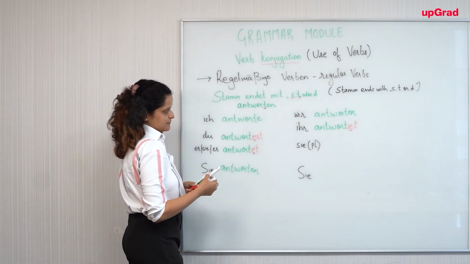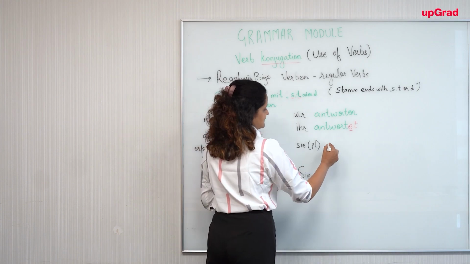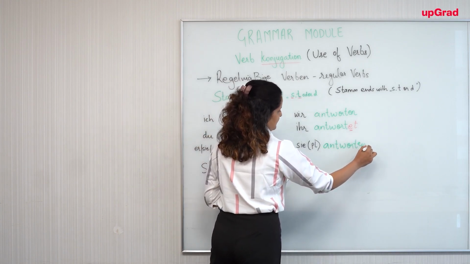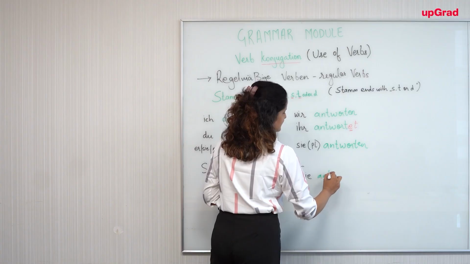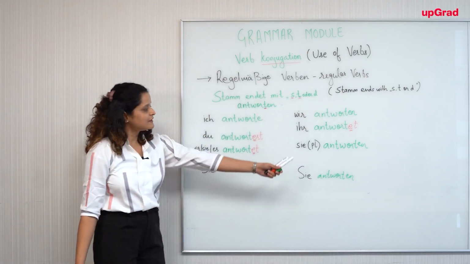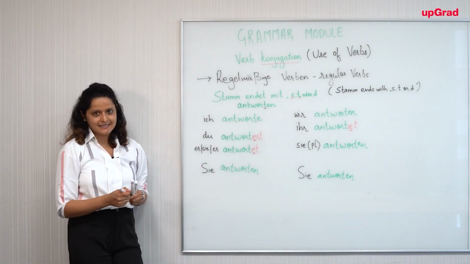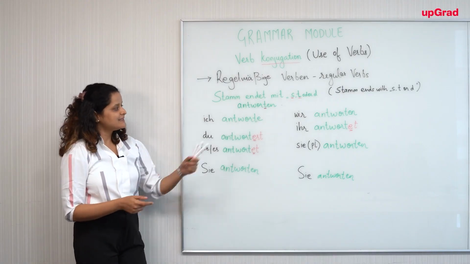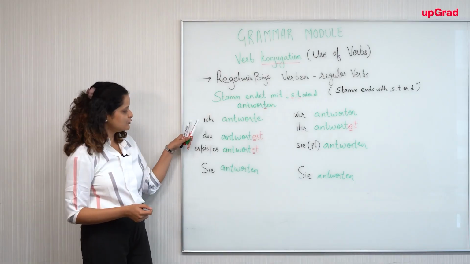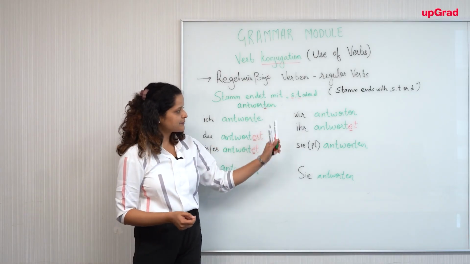Okay. Sie antworten and sie antworten. So the correct use of the verbs where the stem ends with T is by adding this E to the conjugations of du, er/sie/es, and ihr.